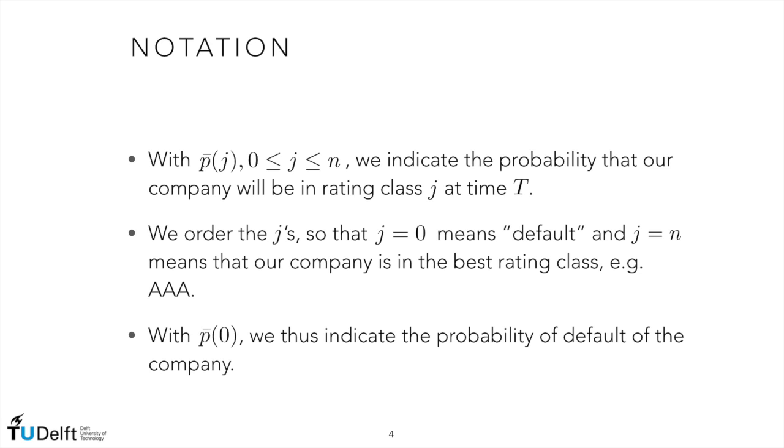We order the j's so that j equal to 0 means default, and j equal to n means that our company is in the best rating class, say AAA. With P_0, we therefore indicate the probability of default of the company.